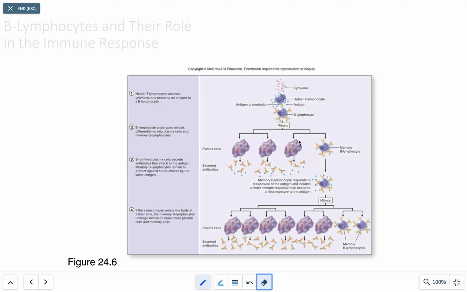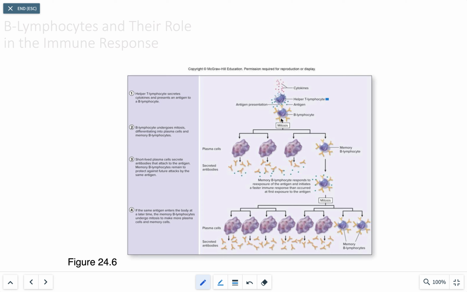So the most important aspect that we see is the helper T lymphocyte, as mentioned earlier, will go through mitosis and secrete the hormone cytokine to recruit more lymphocytes.